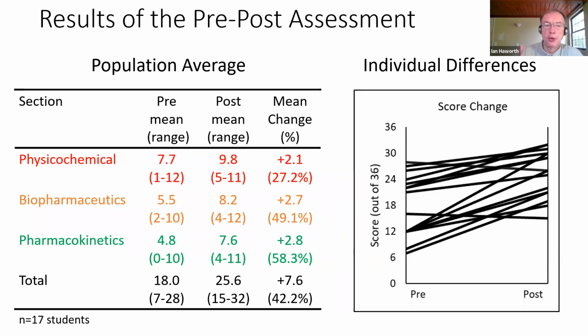And I think we also understood we'd already taught the software because we could see the utilization of the software. So the totals, 18 out of 36 in the pre, to 25.6 out of 36 in the post, an increase of 42.2%. So some significant learning there.